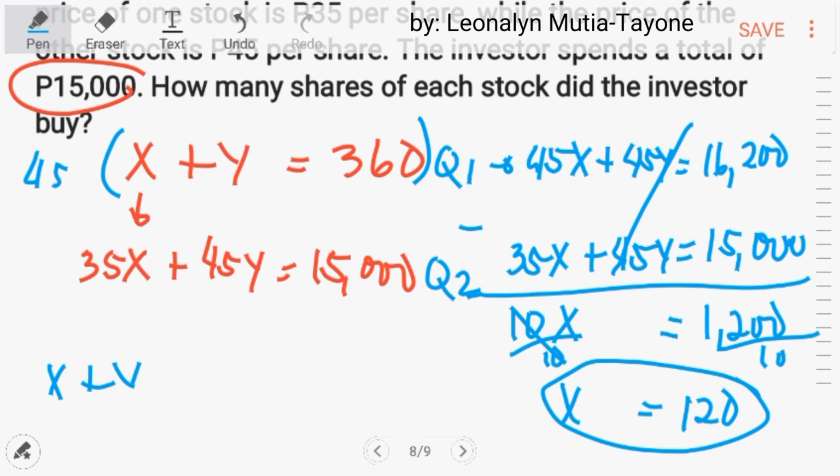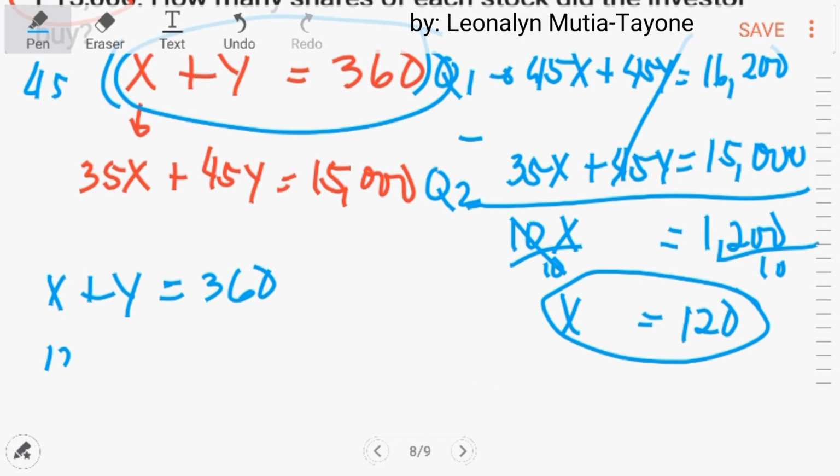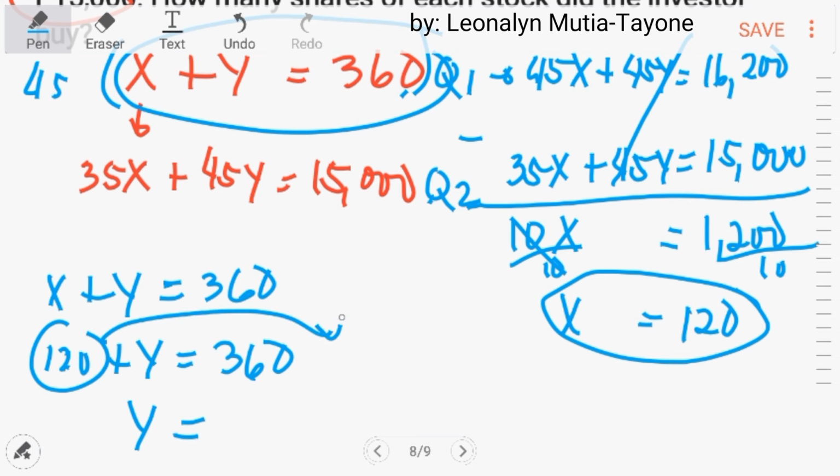Mayroong value na tayo sa x. So, let's use our first equation. Ang value ng x is 120. Bali, using this first equation o kahit anong gusto mo dyan, para hanapin natin ang value ng y. So, i-transpose si 120 dito sa kabila, maging minus 120. 360 minus 120, and that is 240.